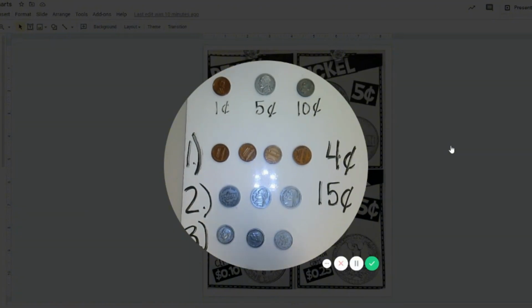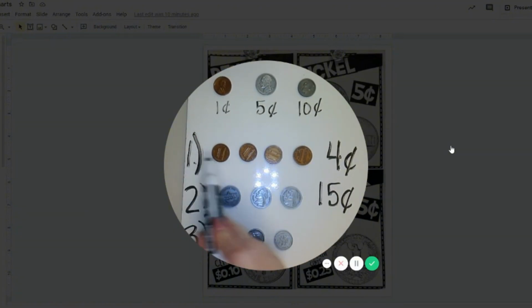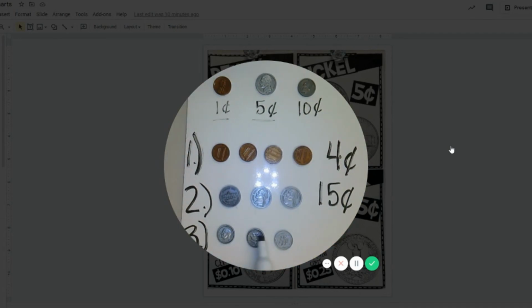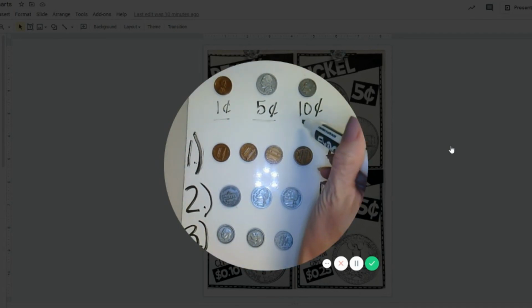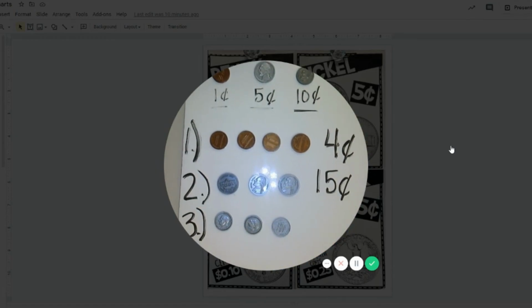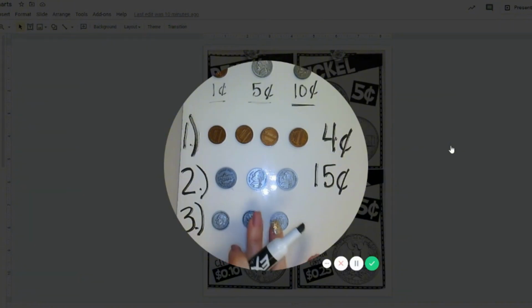So if I counted a group of pennies all the same by skip counting by ones, and I counted a group of nickels, they're all the same, and I skip counted by 5s, then I would count a group of dimes by skip counting by, hopefully you said 10, because each dime is worth 10 cents. So I would go like this, 10, 20, 30. This group of coins is worth 30 cents.